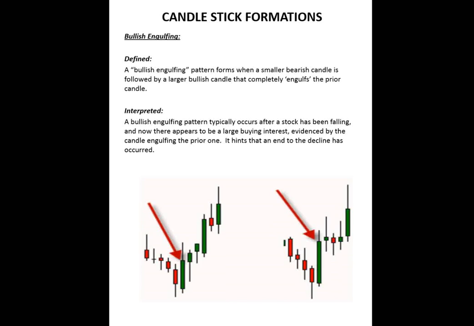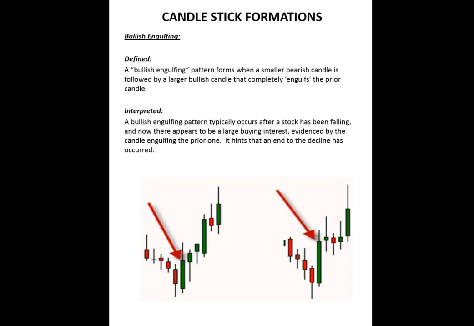Then it may have fallen a little bit more, and then it rose on the day. You can see that green candle body engulfs the red candle body, and that's said to be a bullish engulfing pattern. The interpretation of that is that it may be an end to the decline that has been occurring.